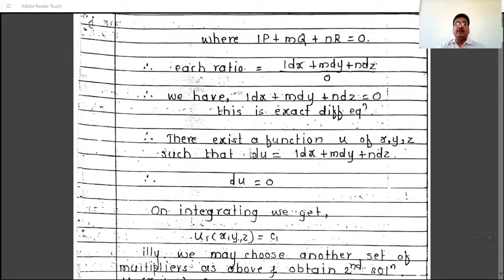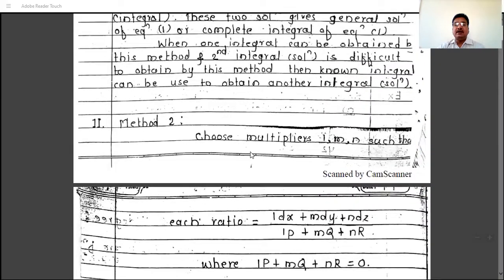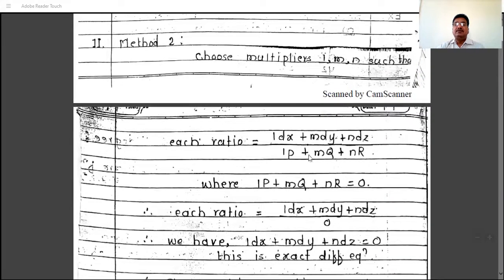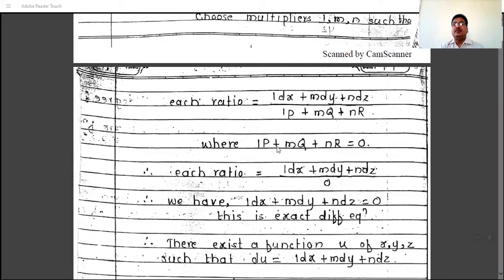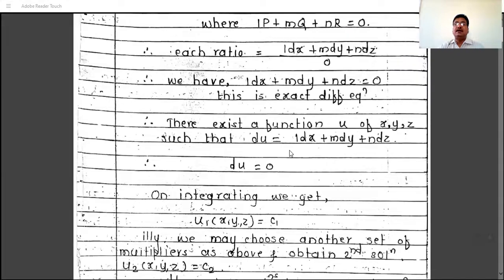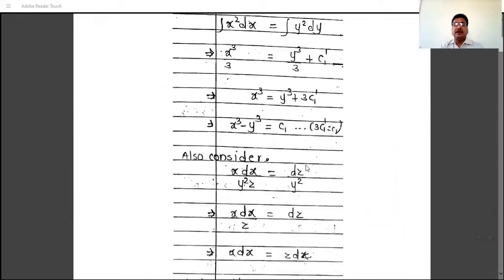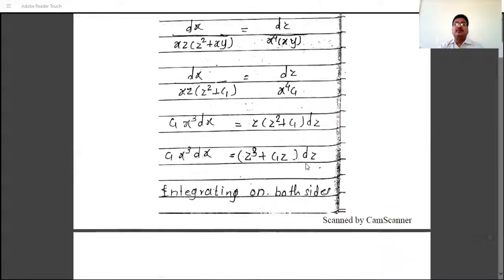Find multipliers, or choose the multipliers L, M, N such that LP plus MQ plus NR is equal to 0. That is, by trial and error, find these multipliers L, M, N such that LP plus MQ plus NR is equal to 0. So this second method is applicable for this example.